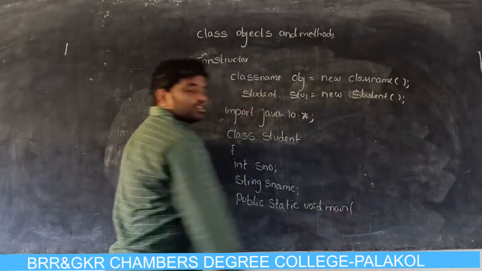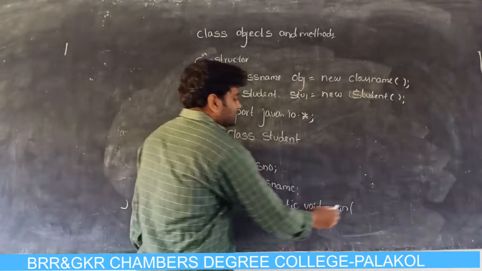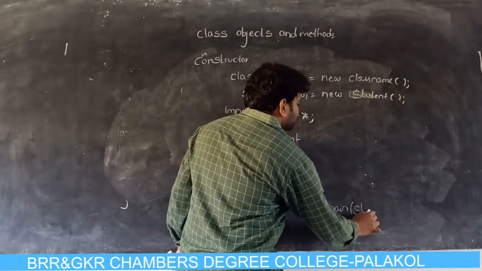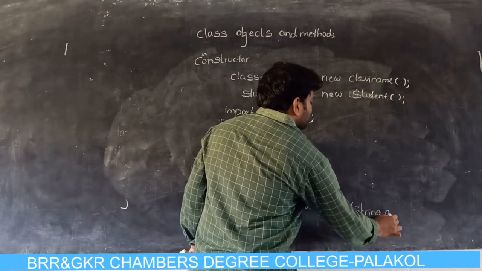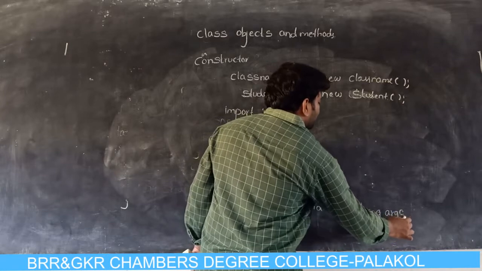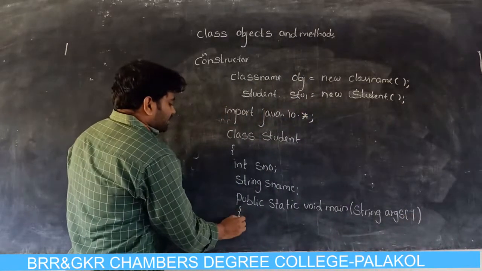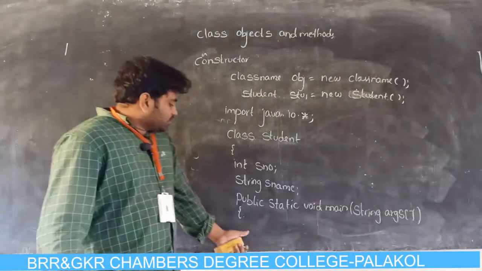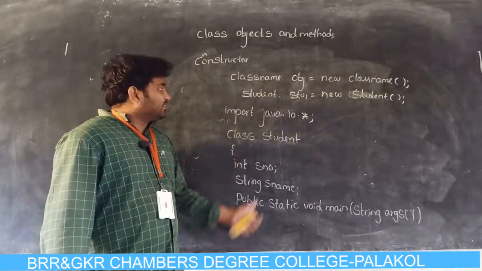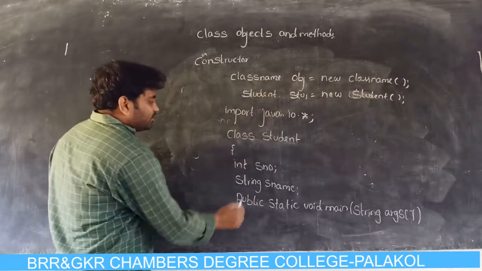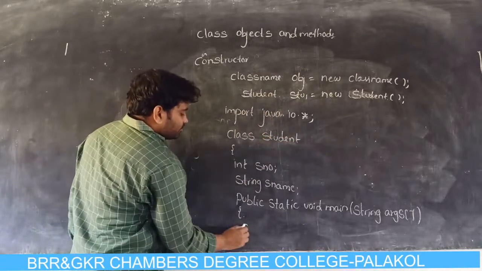This is the main function. You write the arguments String args, curly bracket open. You declare the constructor: you write the constructor class name Student.